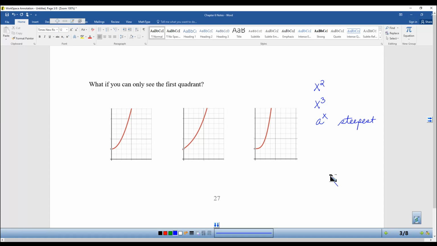If you have 10 squared versus 10 cubed, 10 cubed is definitely bigger, but something to the 10, that's really big. So the bigger you get, the steeper the graph becomes. However, you can't just plug in numbers like your typical 0, 1, 2, because sometimes in the beginning, it's hard to tell.